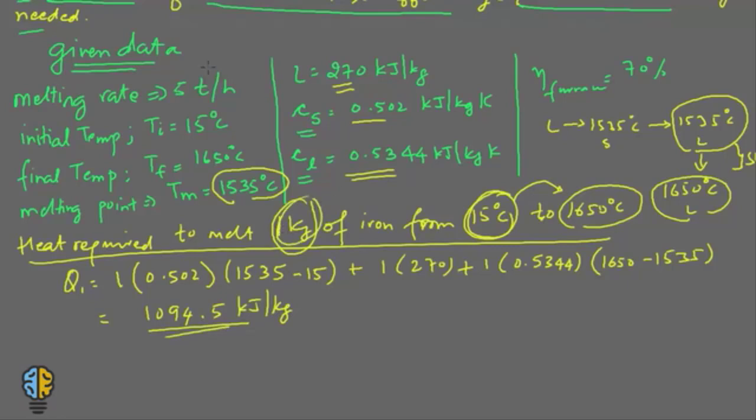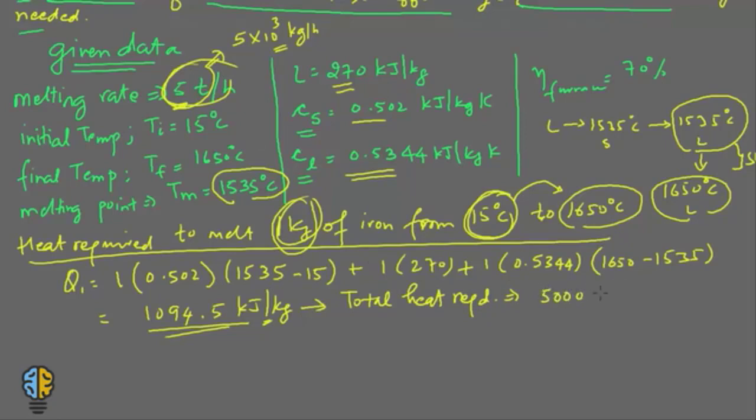Now, how much iron you have to melt per hour? That is 5 tons. Now 5 tons means 5 into 10 to the power 3 kg per hour, because you have to have the same units as this. So the total heat required is equal to the total melting rate, which is 5000 kilogram per hour, into the per kg heat transfer, which is 1094.5.